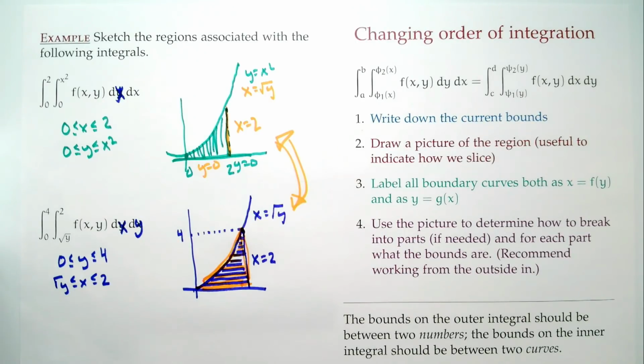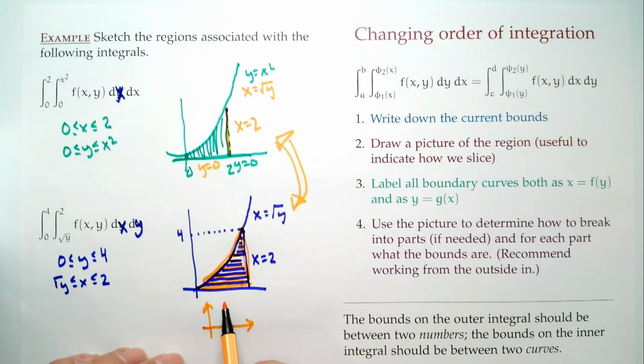Now, a side note, because a lot of people are very comfortable with slicing vertically, not so much with slicing horizontally. Always remember, orientation matters. What do I mean by that? When you're slicing vertically, up and down, it's always the larger values on the top, the smaller values on the bottom. So it's high minus low.